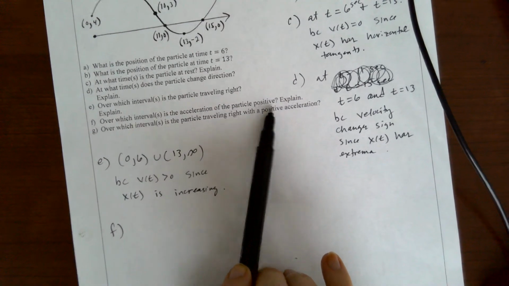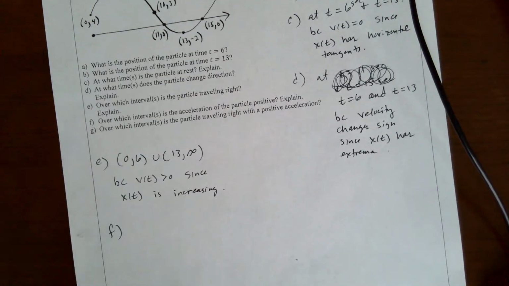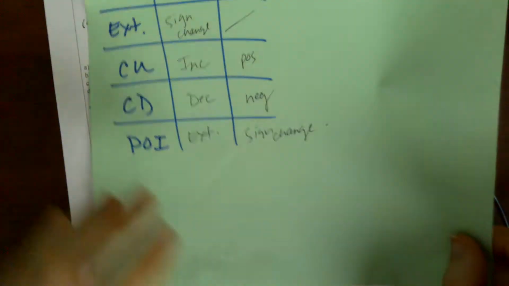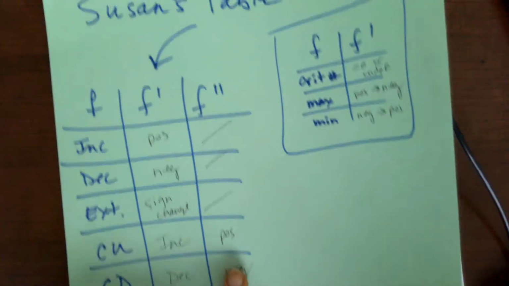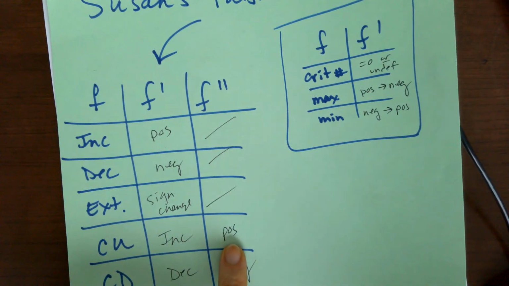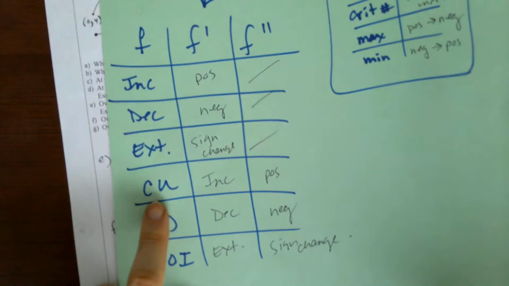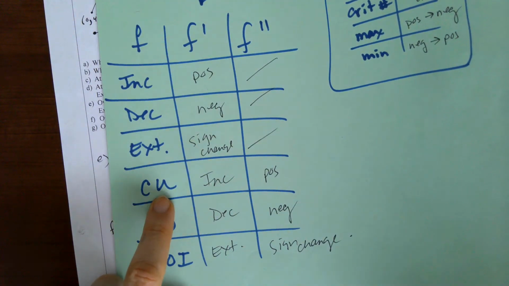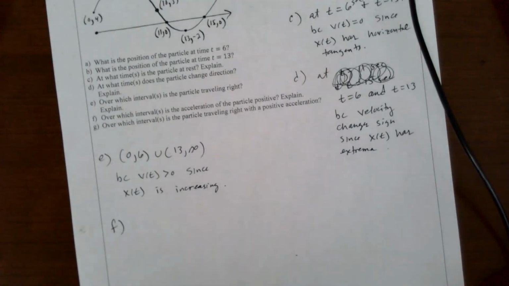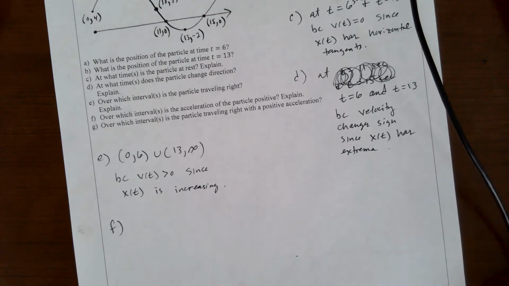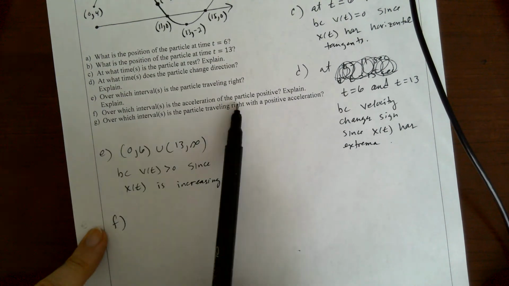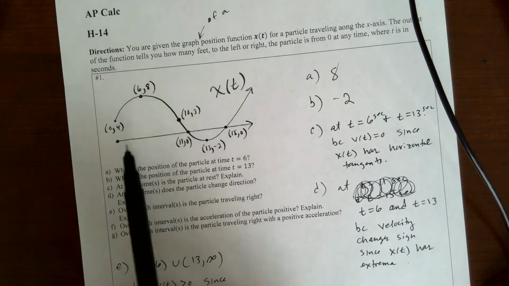So over which interval is the acceleration of the particle positive? They're asking you, when is the second derivative positive? And then explain. So the second derivative is positive when the original function, which is what we're looking at, is concave up. So where is this concave up?